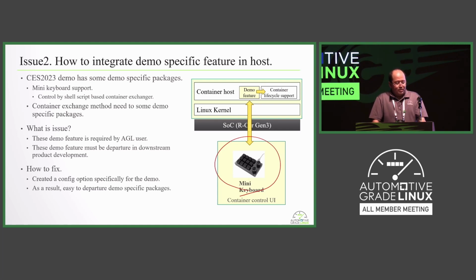This demo feature is required by AGL users, because with this package it is easy to understand the container exchange detail. On the other hand, this demo feature must be departed from in downstream product development. How to fix this issue? We created a config option that specifies this demo. As a result, it is easy to drop demo-specific packages. That is the second fix point.